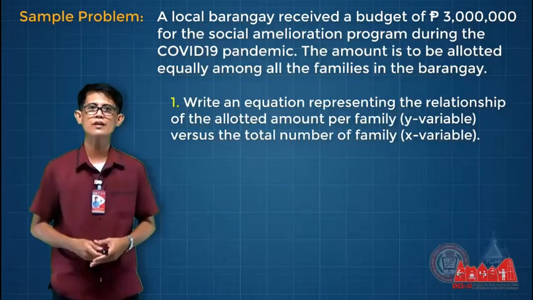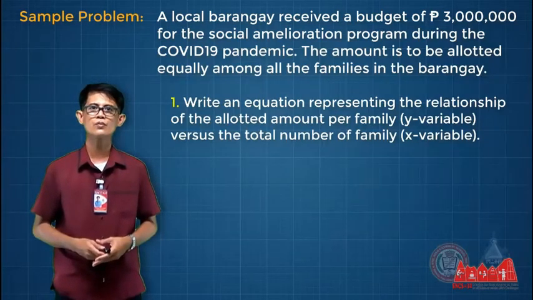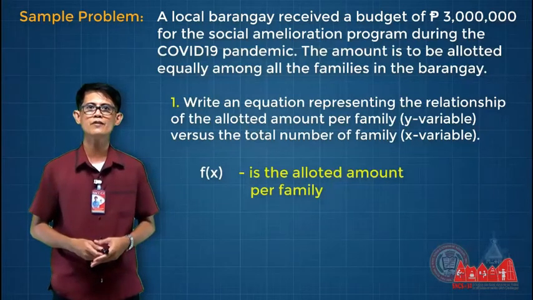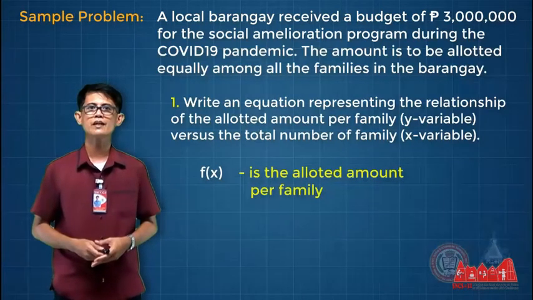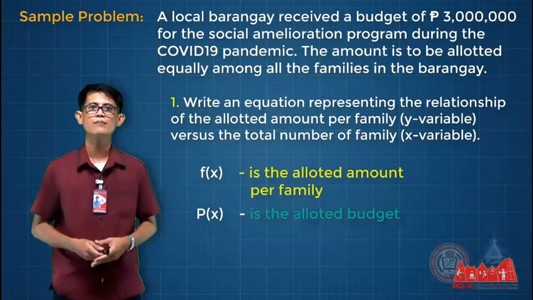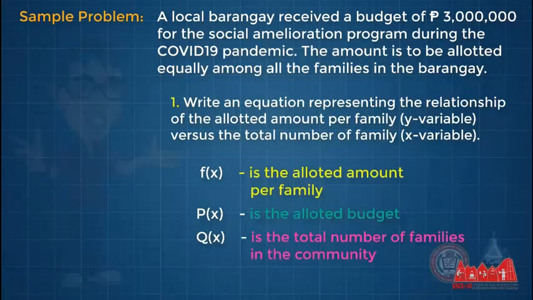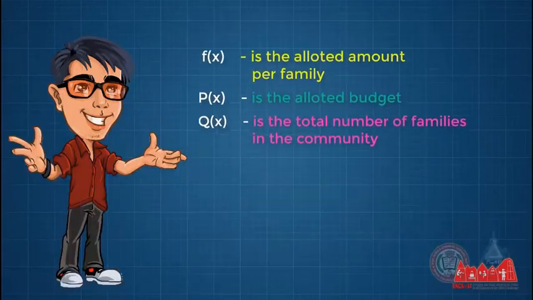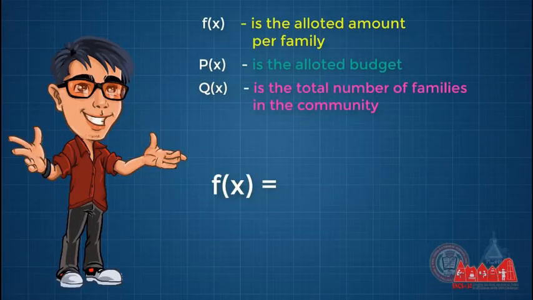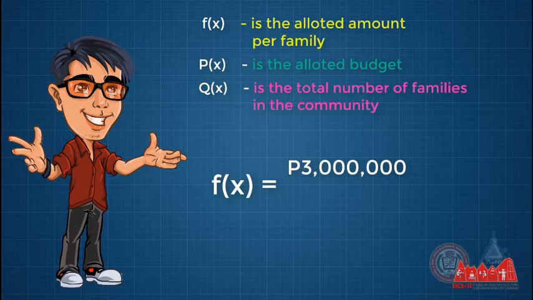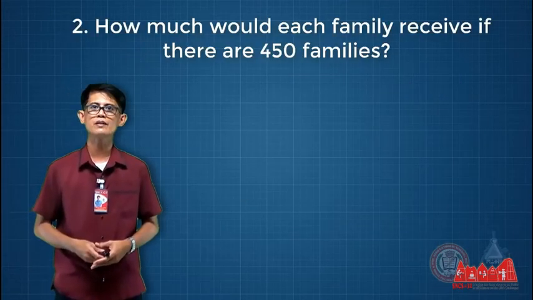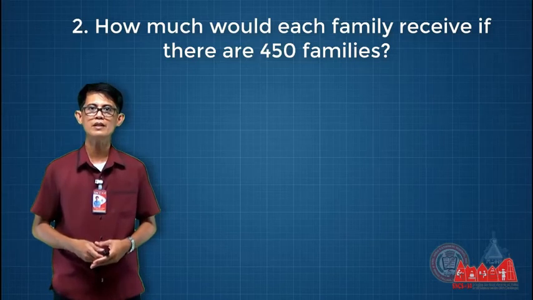So we can use this rational function notation where f of x or y is the allotted amount per family, p of x is the allotted budget equally divided by q of x as the total number of families in the community. So our equation becomes f of x equals 3 million divided by q of x. Number 2. How much would each family receive if there are 450 families?